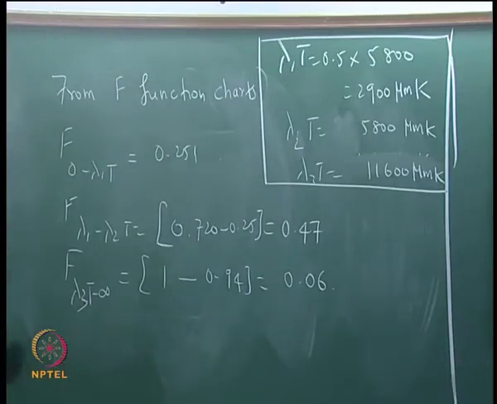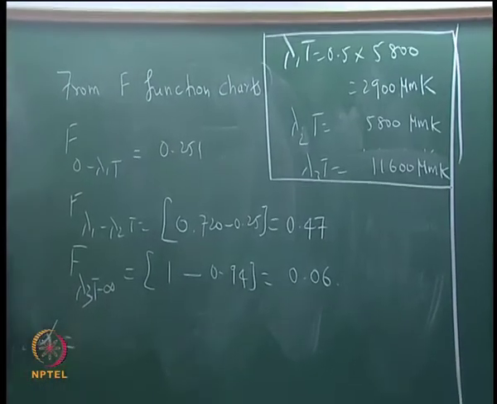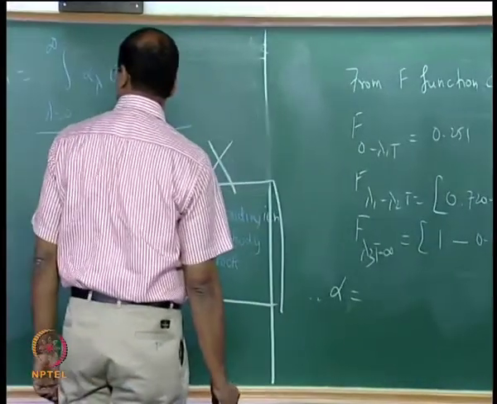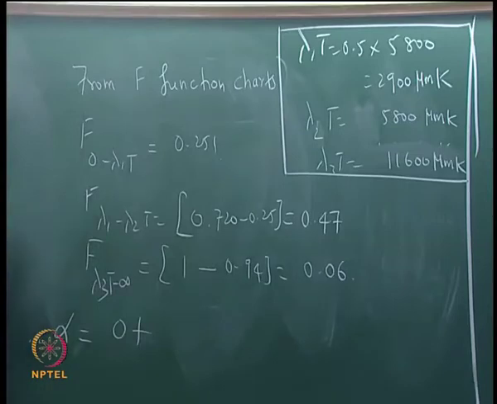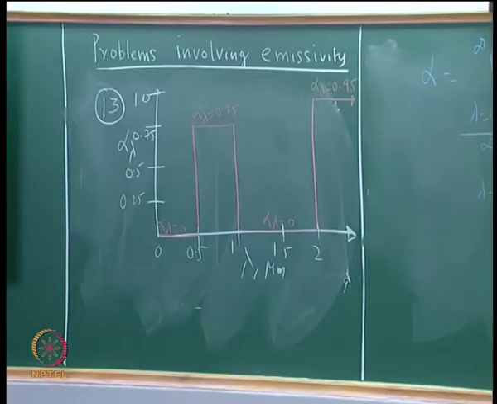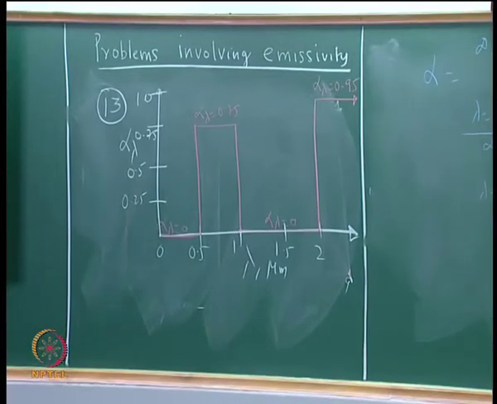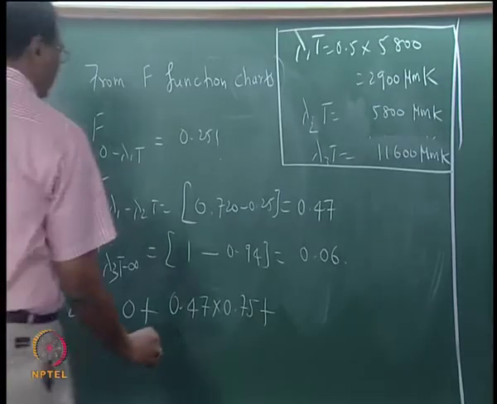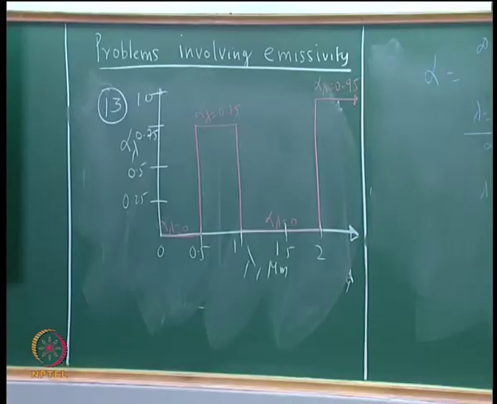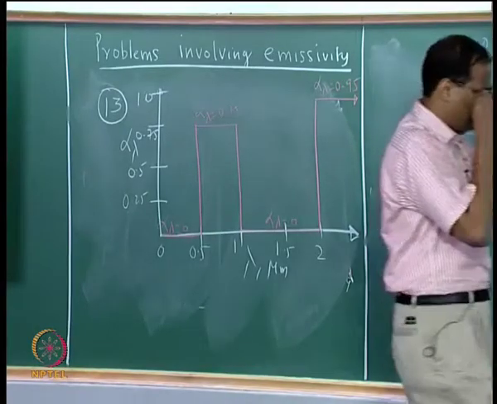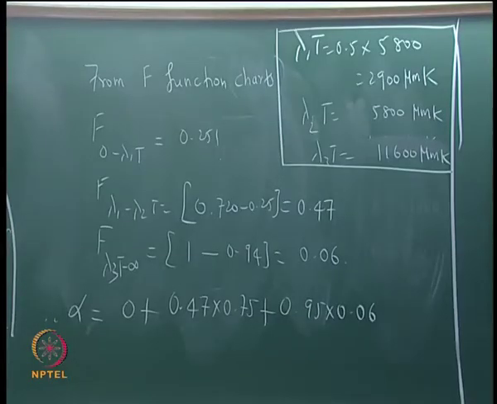Therefore, f of 0 to lambda 1 times 0, plus the remaining terms. How much is it? Okay, 0.41.